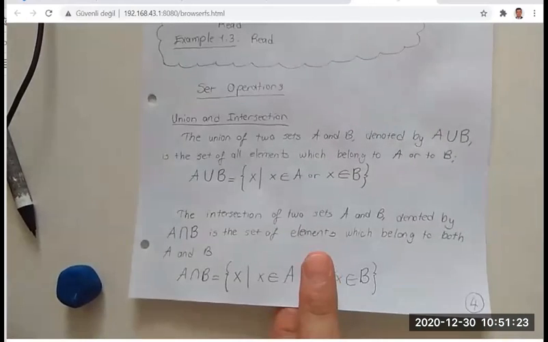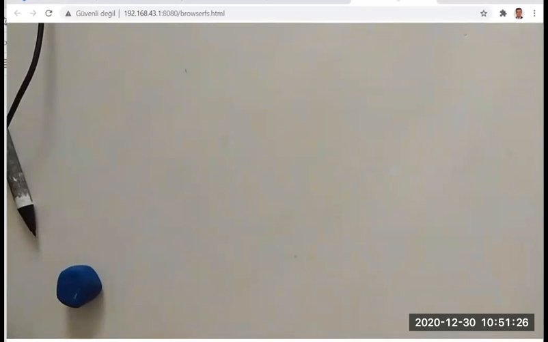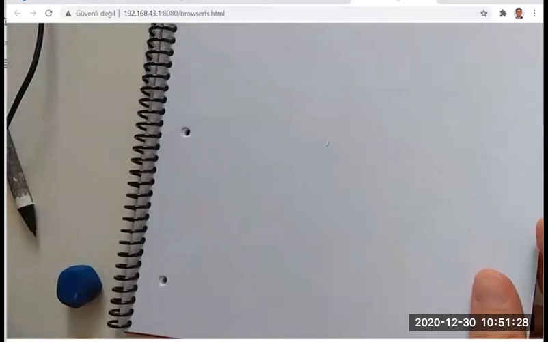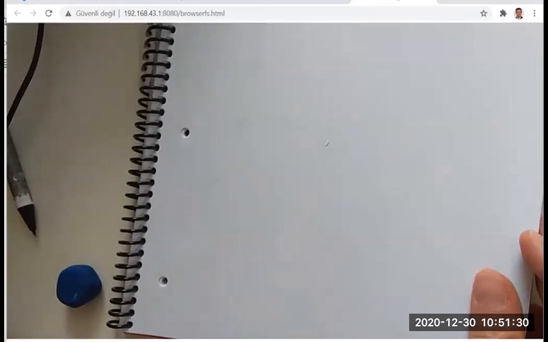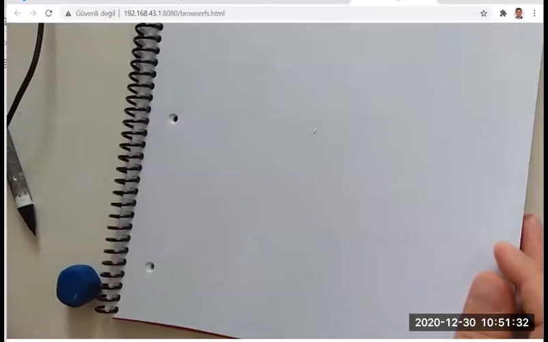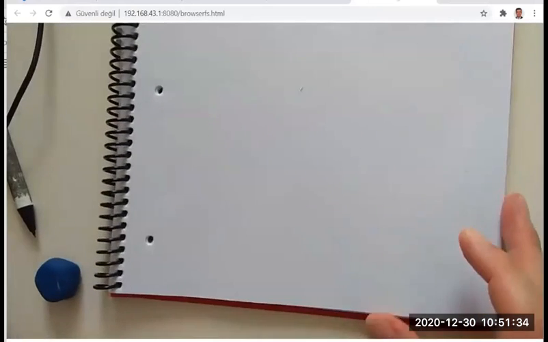Okay, let's continue. Page 5. Okay, page 5. I completed all my empty pages, so I'm going to use that notebook and a new title is page 5.